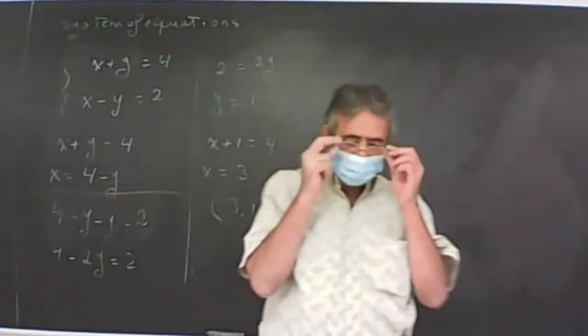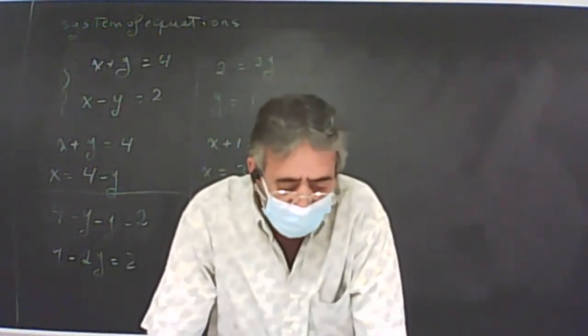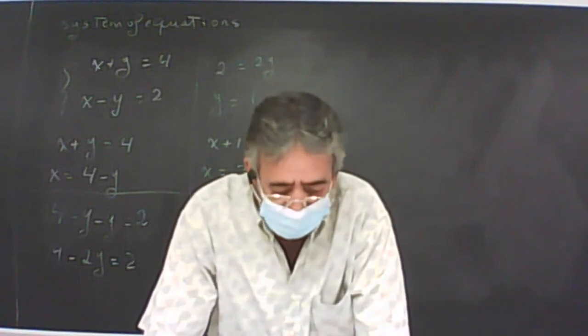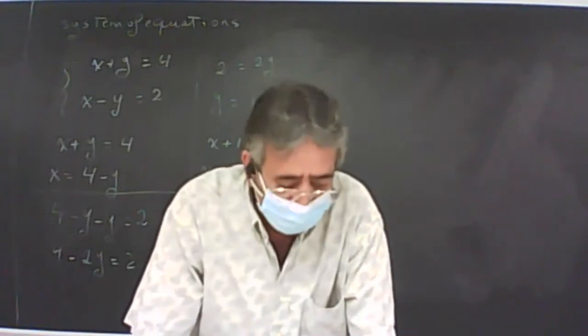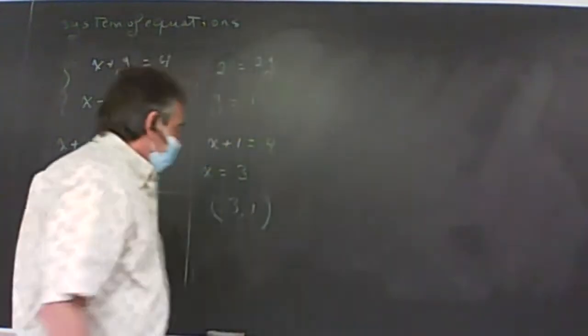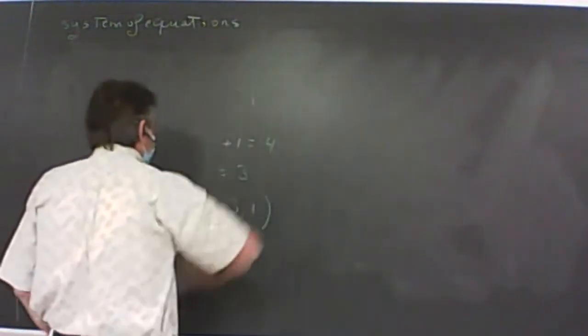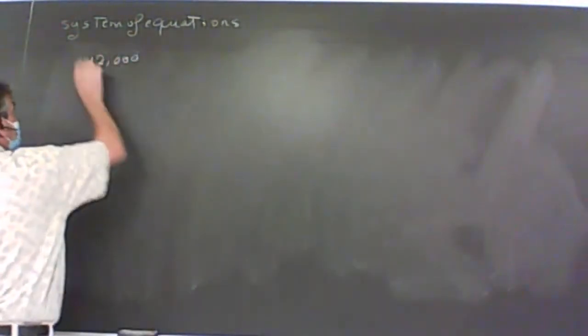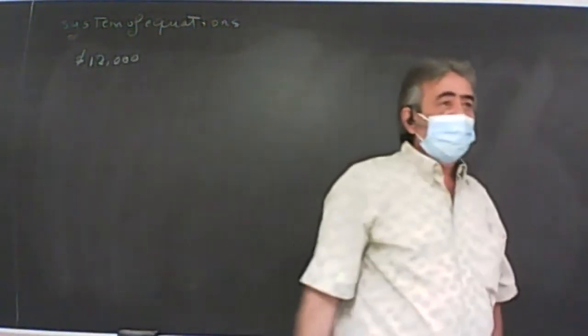All right, let's do some application problems. It says a total of $12,000 is invested in 2 funds, paying 5% and 3% simple interest. So you have $12,000 invested in 2 accounts that pay simple interest. One account pays 5%, and one account pays 3%.